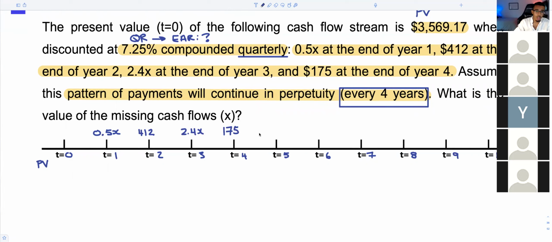However, we know that this process is going to repeat itself again and again. So we have 0.5x here, 412 here, 2.4x here, 175 here. Then we would have, once again, 0.5x and then 412. And obviously, this would happen forever, in perpetuity.